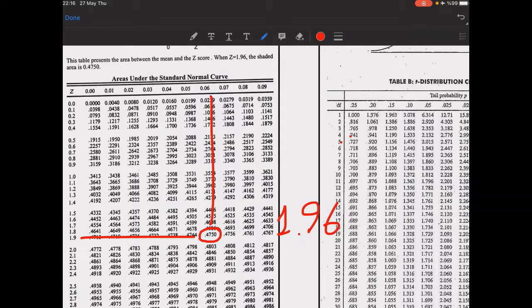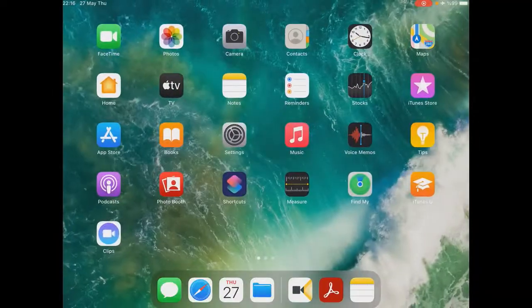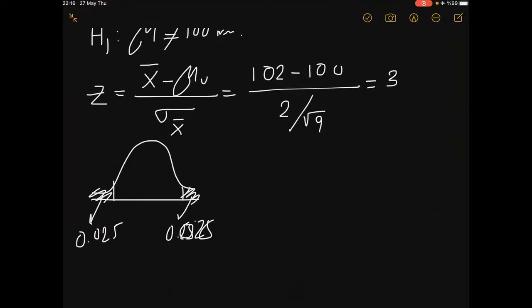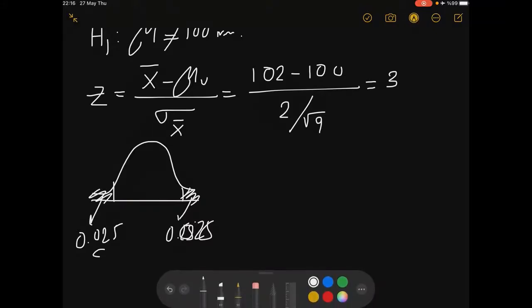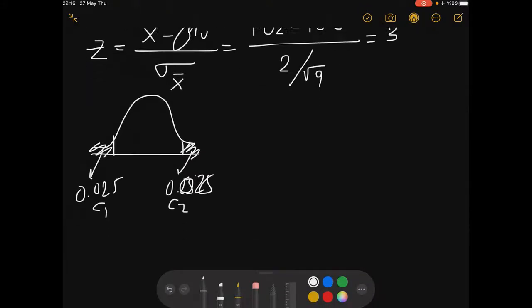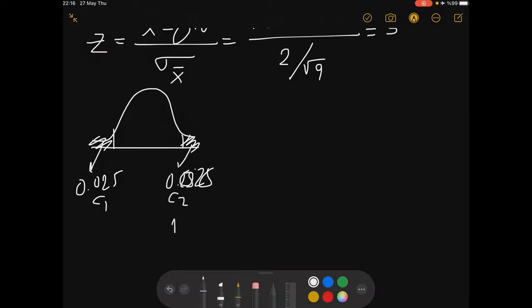Let's check. Oh, it's already right here. It's 1.96, right? So it means that your z1 and z2 here should be 1.96 and minus 1.96 right here.